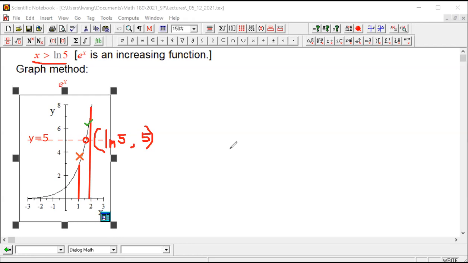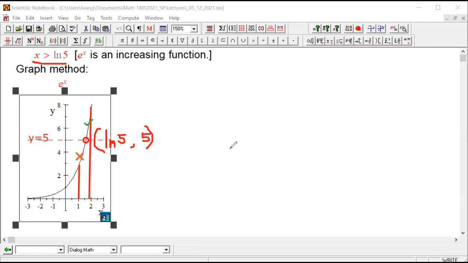Using the graph is a very powerful tool to check if you get the answer correctly. So you need to check both your algebra and your graph.